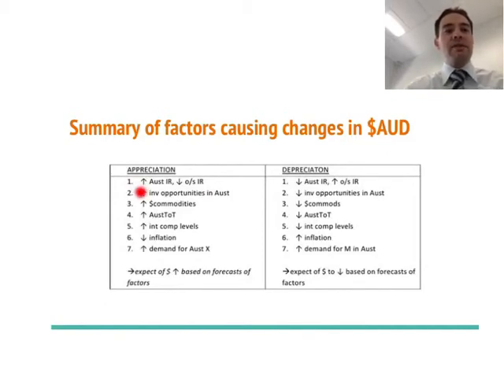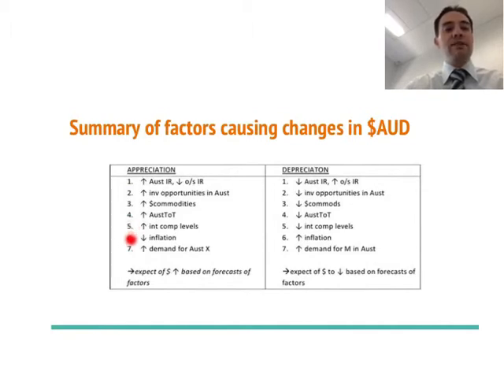Investment opportunities are closely linked there, so increased investment opportunities will cause an appreciation. An increase in commodity prices will cause an appreciation of the Australian dollar, because people have to spend more money to pay for us. An increase in terms of trade, which means our terms of trade have improved, so more people overseas are buying our goods and services. International competitiveness increases, we said this already, so people are buying our products because they're cheaper.